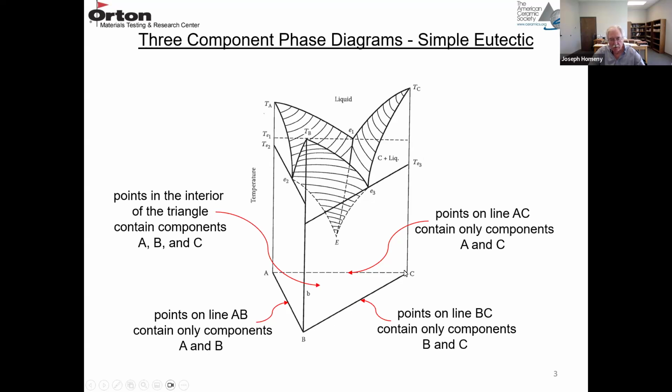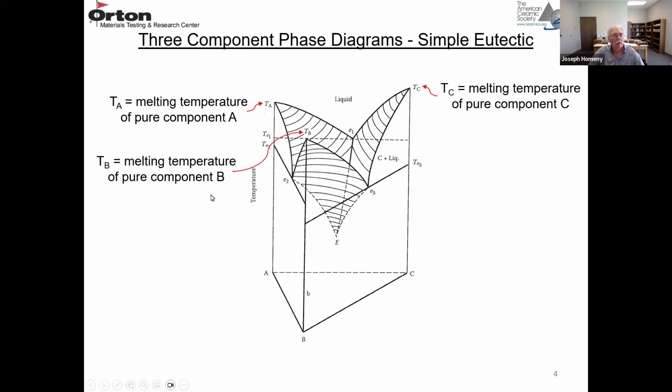On side BC, any point will only have B and C. On line AC, any point will only have components A and C. Going up the temperature axes, TA is the melting temperature of the pure component A, TB is the melting temperature of the pure component B, and in this corner TC is the melting temperature of the pure component C.